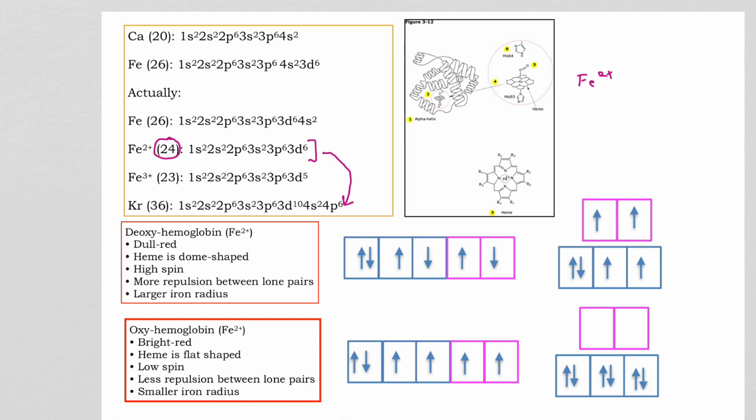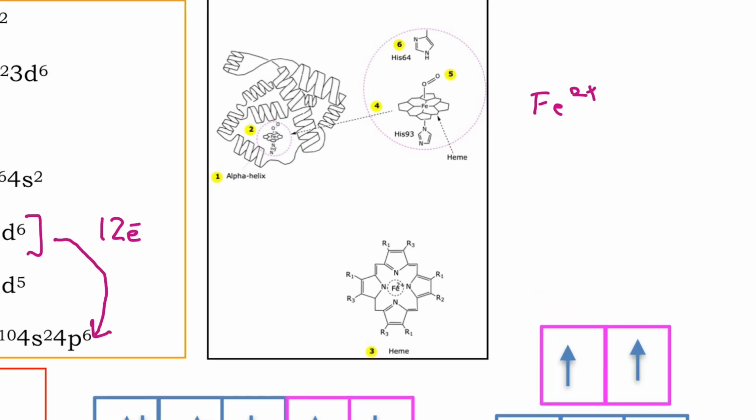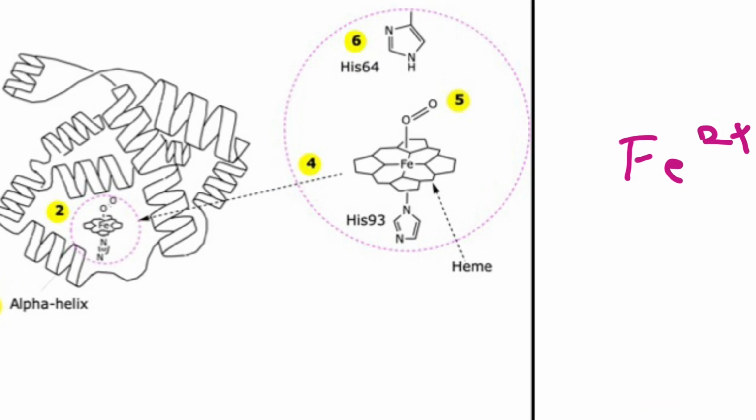The nearest noble element for ferrous is krypton, which has 36 electrons. So 36 minus 24, that's 12 electrons. So this ferrous is going to try to get 12 more electrons when it interacts with other chemicals.